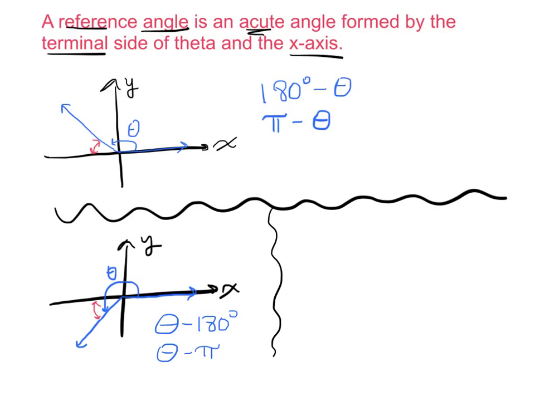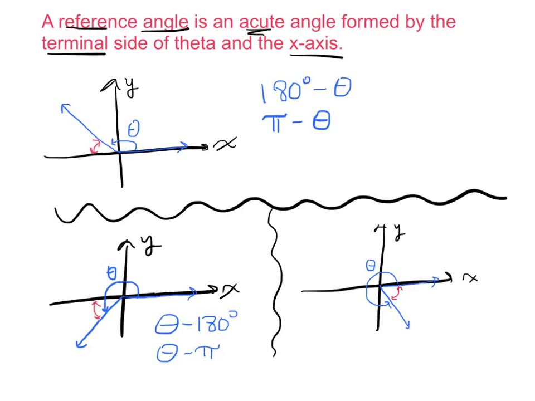All right, one more in the fourth quadrant. Again, here's our angle in standard position. This is wrapping all the way around. So this is theta. The reference angle is made by the terminal side and the x-axis, so it's this little angle right in here.